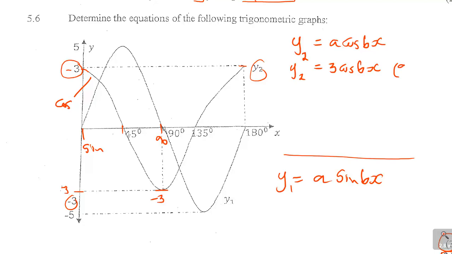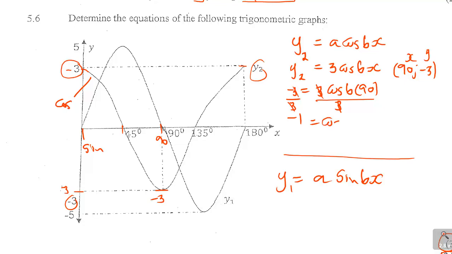So when x is 90, y is -3. It's just that they did not put it correctly, but that is 90. Remember this is y, this is x. So where there is y2, -3 is equal to 3 cos b 90. Divide by 3, divide by 3. So 3 into -3 is -1, equal to cos b 90.